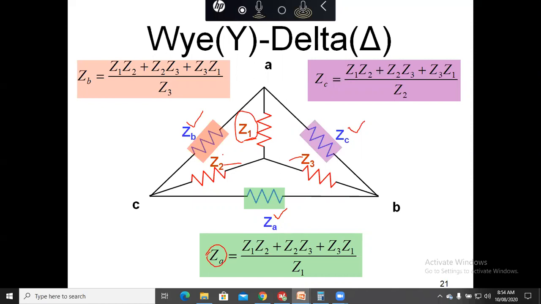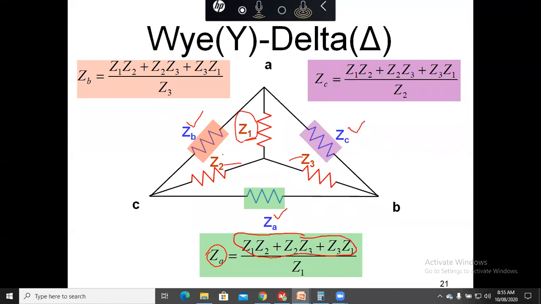So we start multiplying. It starts from Z1, so every time we will have Z1 Z2, Z2 Z3, and Z3 Z1 at the top, and we will divide with the opposite impedance. So the numerator will not change.